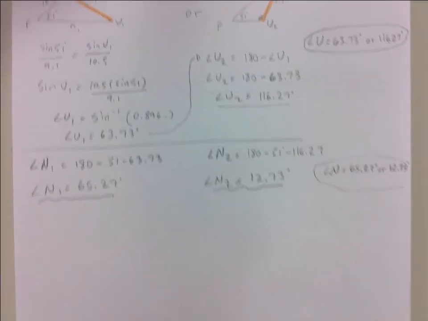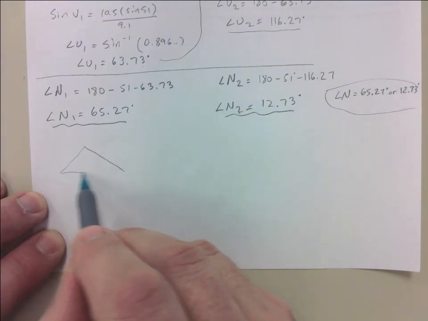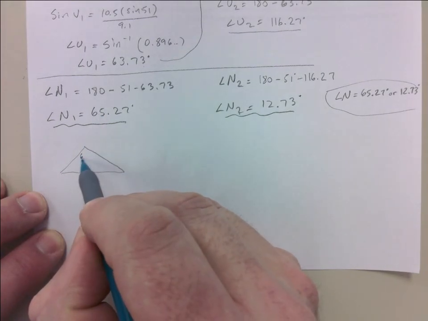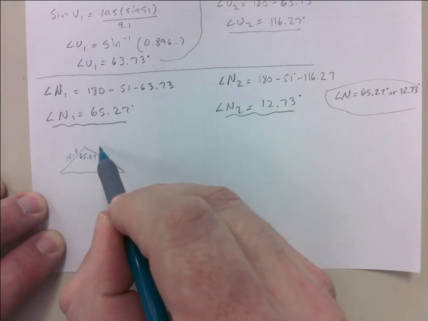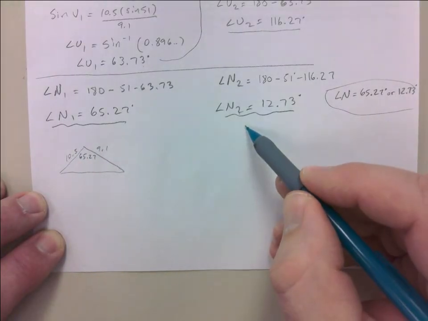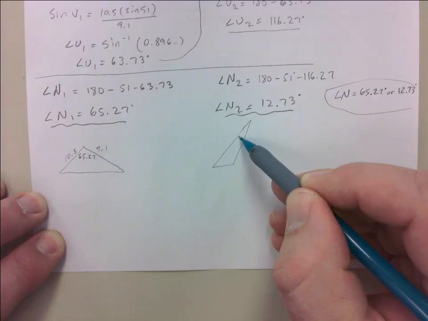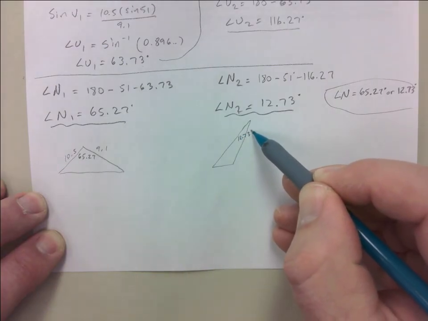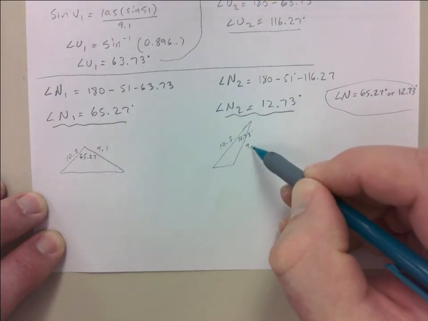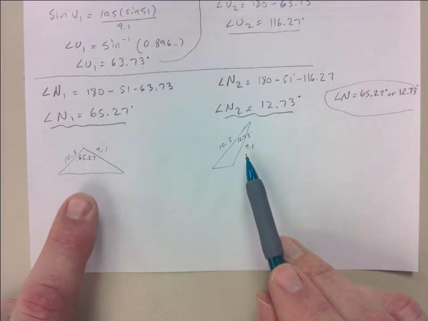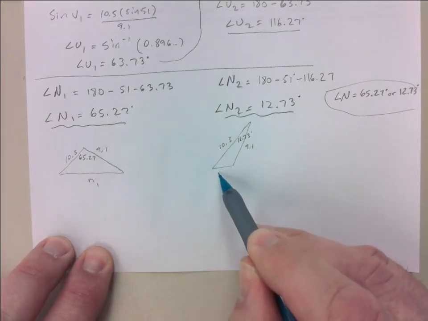And then last but not least, what I do at this point is I just focus on this one here, 65.27. I know that this is 10.5 and this is 9.1. And for this triangle, here I've got 12.73. My bad. I know it's not perfect, but it's just to help you out. You don't have to do this. So I'm going to use cosine law twice to solve for side N1 and then N2.